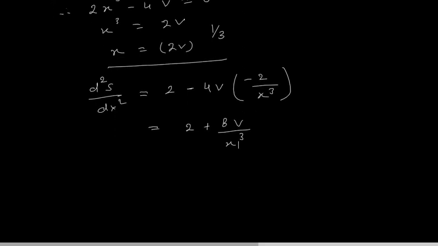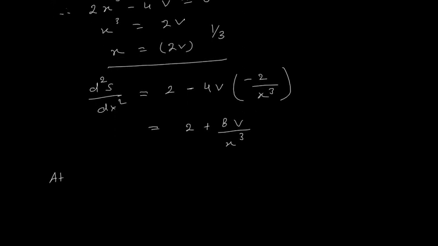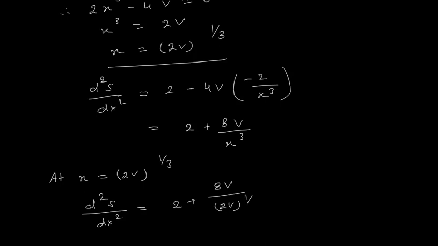So I will say that at x equal to (2v) power 1 upon 3, the value of d square s upon dx square is equal to, now without calculation we can say that this is a positive value, but let us put the value (2v) power 1 upon 3 the whole cube.